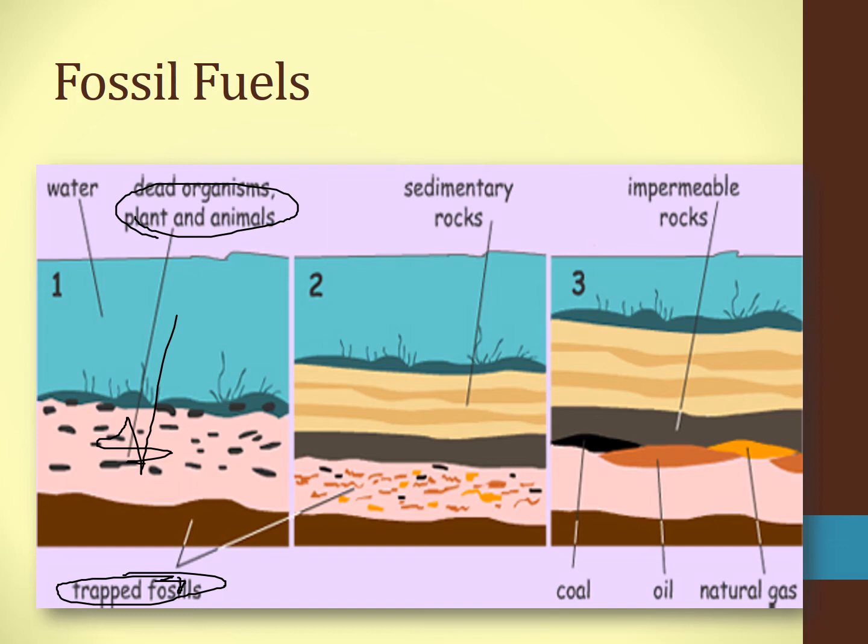Again, you can see the different types of rock that you could find under the soil. If you were to see sedimentary rock or impermeable rock, you would still find those fossil fuels underneath. So here you can see coal, oil, and natural gas.